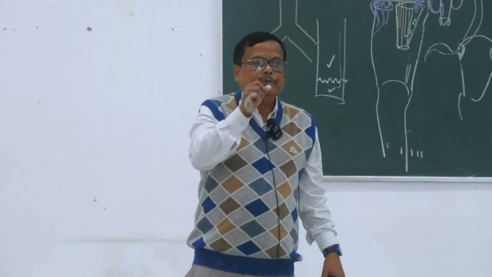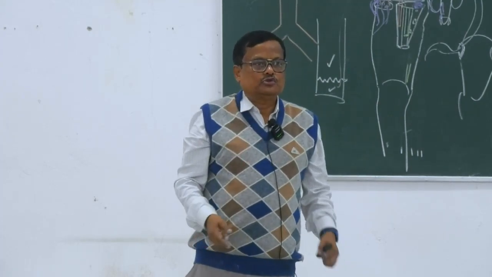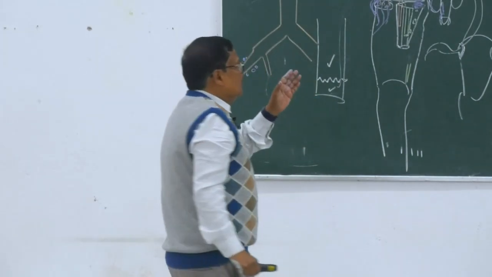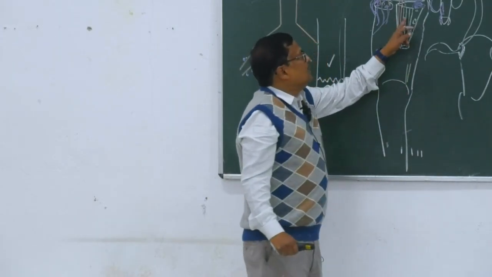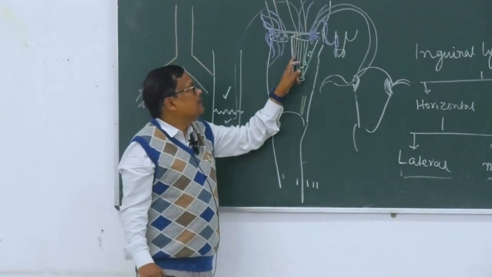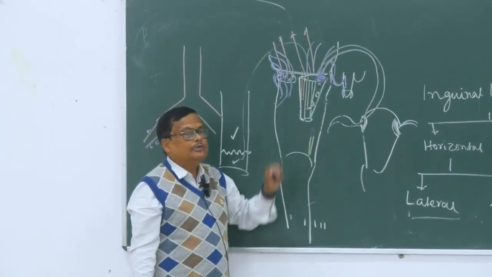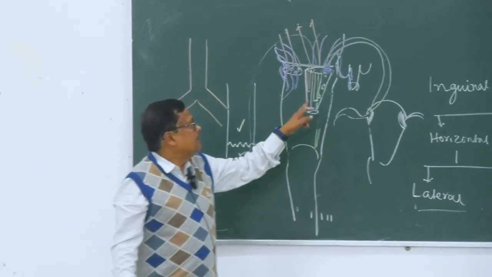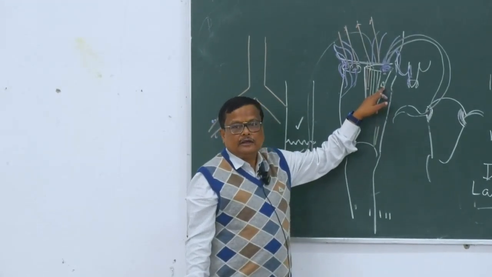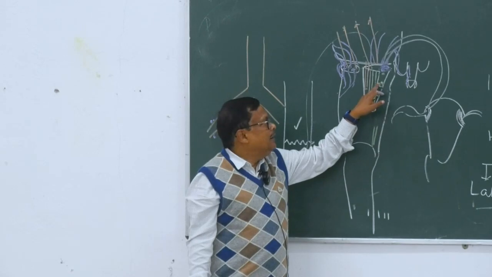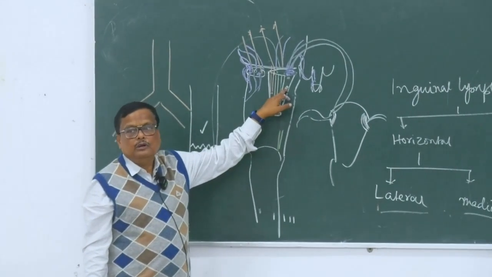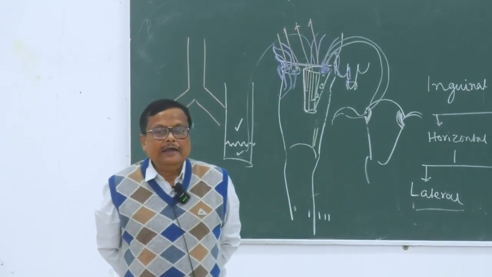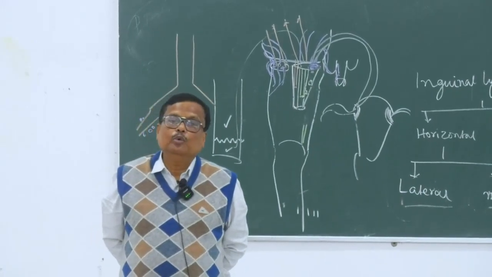আর আমি কি বলেছি যে ডিপ ইঙ্গুনাল লিম্ফ নোডস, আবার রিপিট করছি, situated deep to the fascia lata in relation to the femoral vein. কোন দিকে, ল্যাটারাল না মিডিয়াল? এটা হচ্ছে মিডিয়াল সাইড, medial to the femoral vein, and usually 3 to 4 in number. লোয়ারটা এখানে থাকে, মিডিল যেটা থাকে, ভালো করে শোনো, মিডিল ডিপ ইঙ্গুনাল লিম্ফ নোড is situated in the femoral canal, and it is called gland of Cloquet or gland of Rosenmuller.